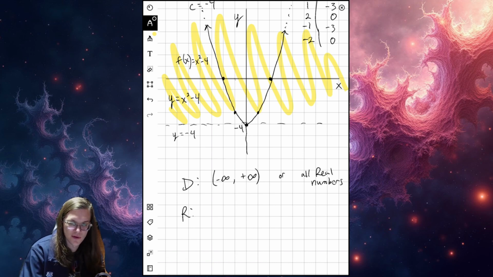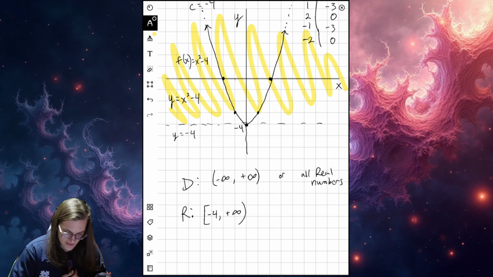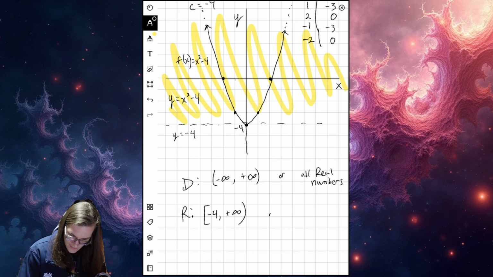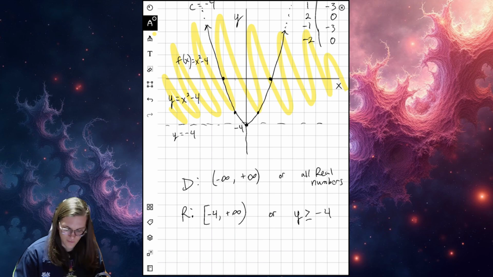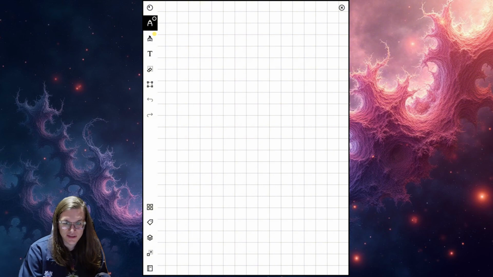All real numbers above here, so I'll say including negative 4, and then all the other numbers up to positive infinity. And oops, see, there's a good catch right there. Don't put a bracket there. And then this we could say, or y is greater than or equal to negative 4. Cool? Okay. And so that's a quadratic where the greatest power is 2.